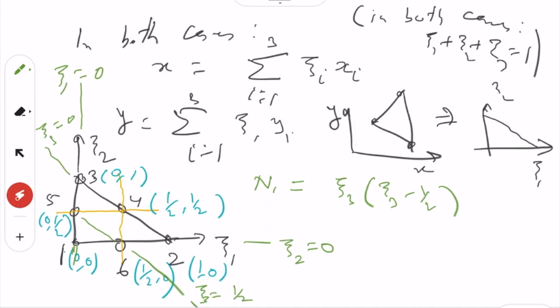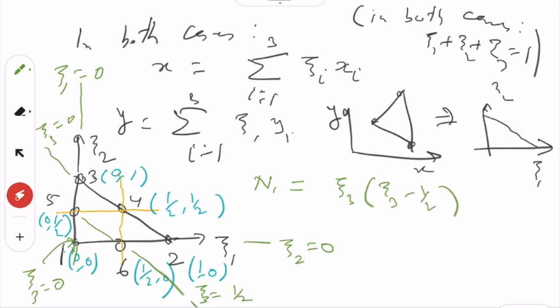So if you go from here to here, here it has to be 1. So what is the value of xi3 here? Xi3 equal to 0 here. Yes. So since xi3 is equal to 0, xi1 and xi2 do not appear explicitly here.